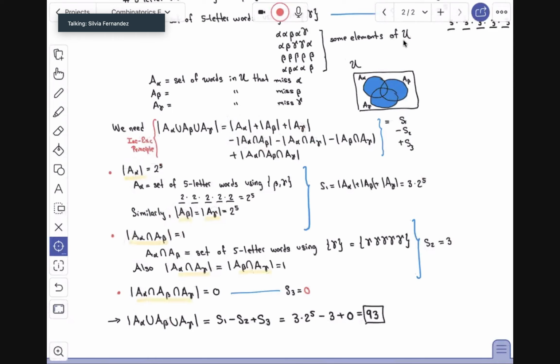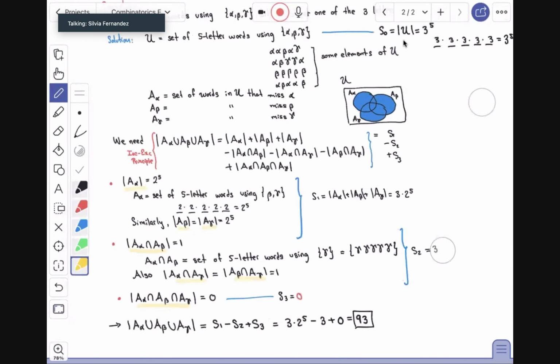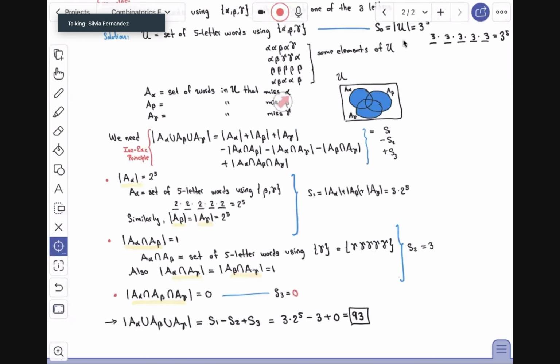The important thing here is these 3 bullets. I need to figure out what those terms are, and to do that, I need to see in context what they mean. A alpha is the set of words in U that miss alpha, from the set of 5-letter words that use alpha, beta, or gamma. If they do not use alpha, then they can only use beta and gamma.